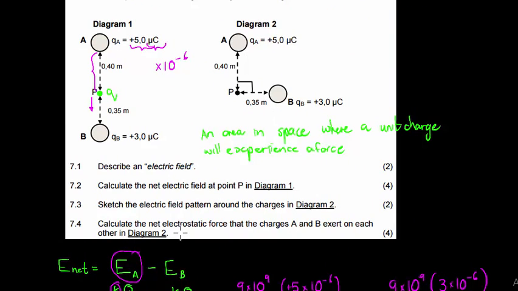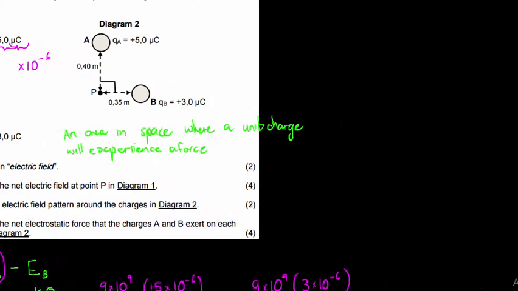Calculate the net electrostatic force that charges A and B exert on each other in diagram 2. Now that one is just the force calculation.